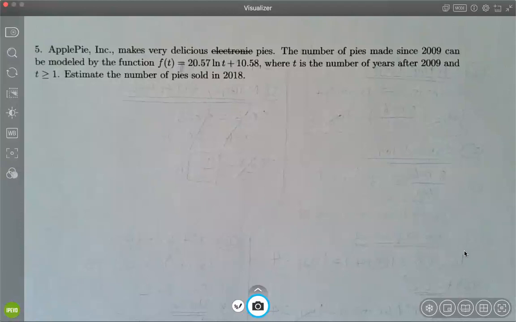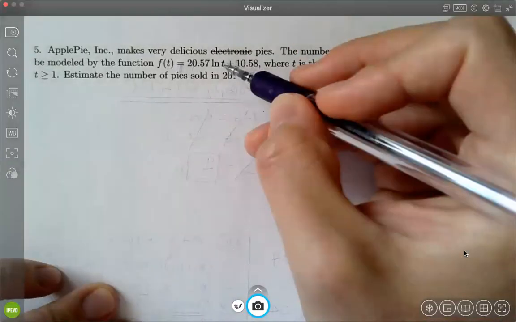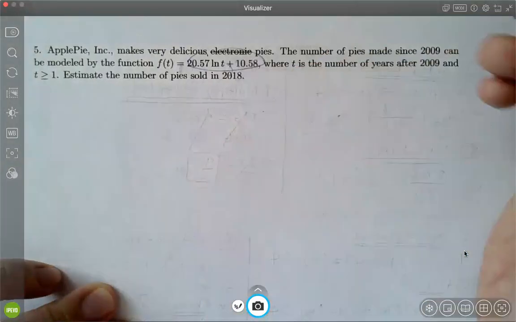Okay, so now here, what does 2018 represent? The t or f of t? In other words, do we plug in something into t, or do we set this whole thing equal to 2018?